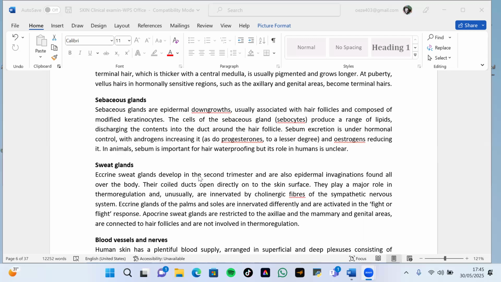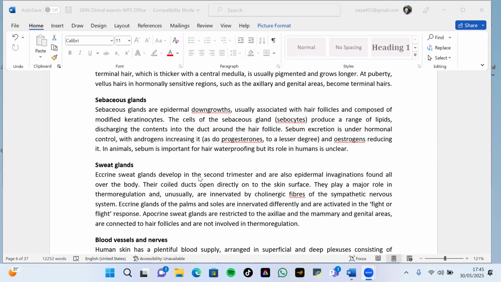And this sebum is under the control of a hormone known as androgen. So this gives us a reason why males have more hair, because of the androgen found in men.